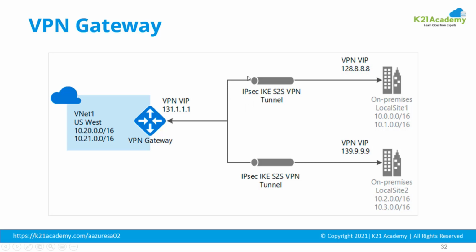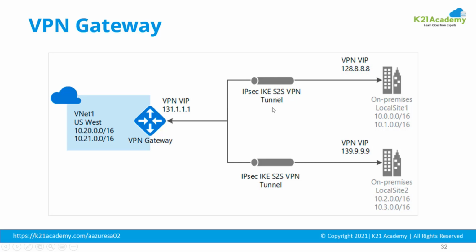There's IPsec and there's IKE, which is the key encryption. You can Google these things. These are all standard VPN keys, nothing specific to Azure. These are standard IPsec, or Internet Protocol Security, and IKE protocol.